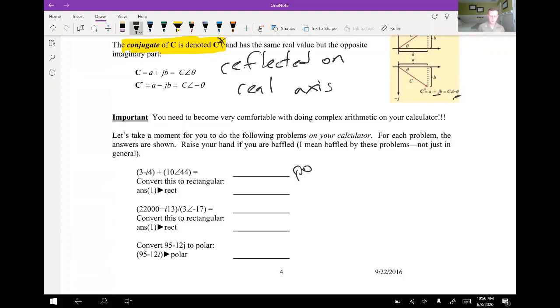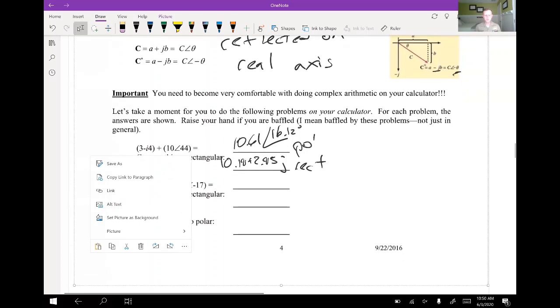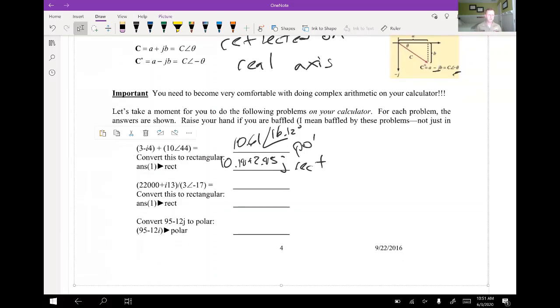All right, here's the polar, here's the rectangular. 10.61, angle 16.12 degrees. Convert it, 10.19 plus 2.95j. Like I said, do these in your calculator. I'm just giving you these answers to make sure that you're comfortable with it. And if you're not, do it again until you become comfortable with it.